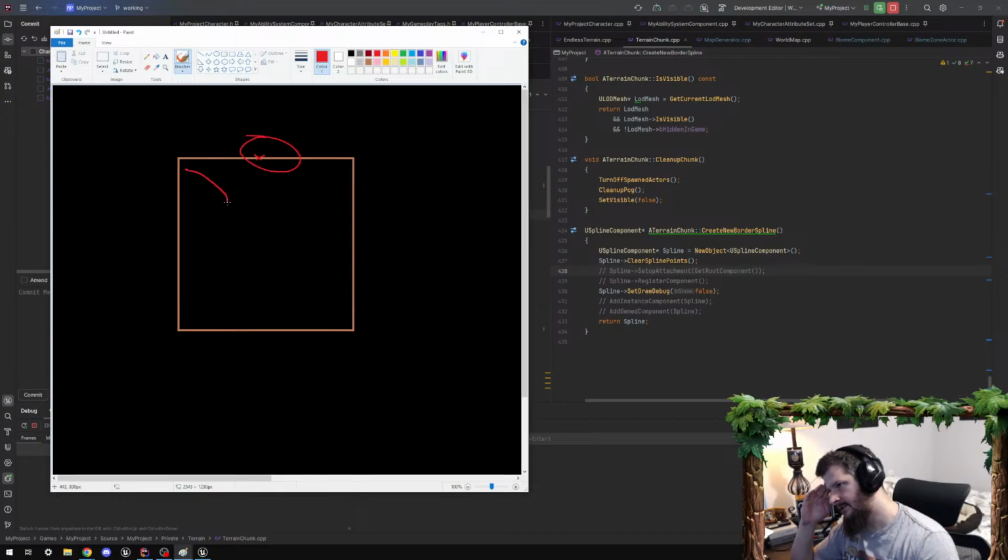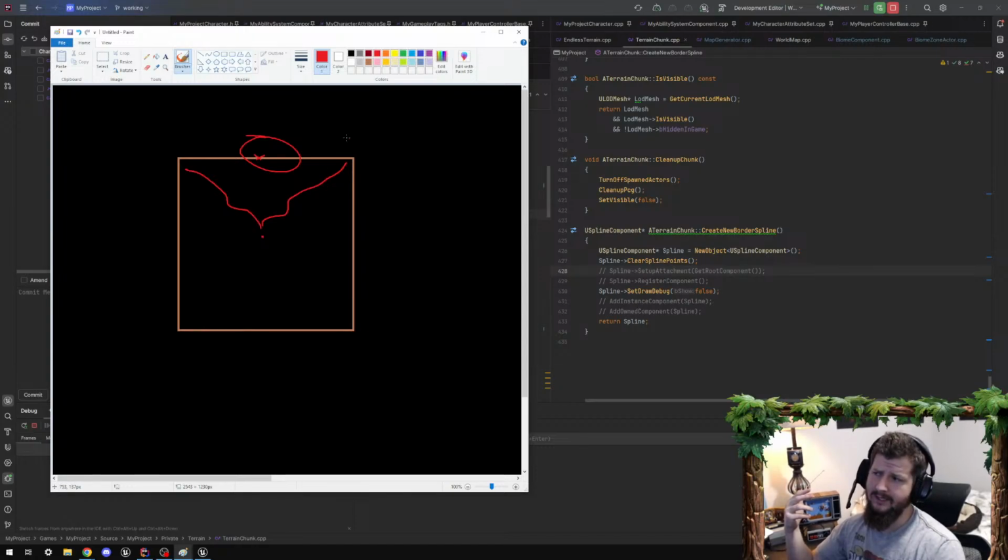But then this distance is way too big because the player is like that big. That's a top-down view of the player. So that's a pretty large entrance, and when you're looking at that from the ground, it doesn't look like an entrance. It doesn't look like a new area because it's too big.